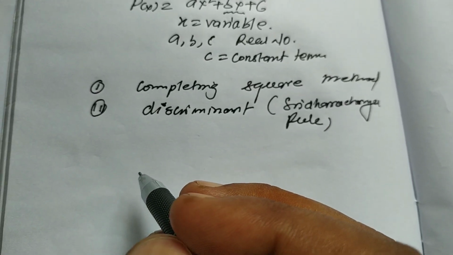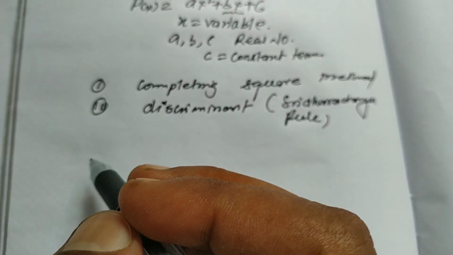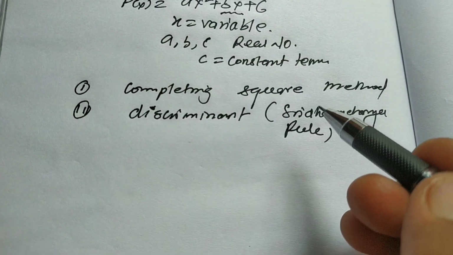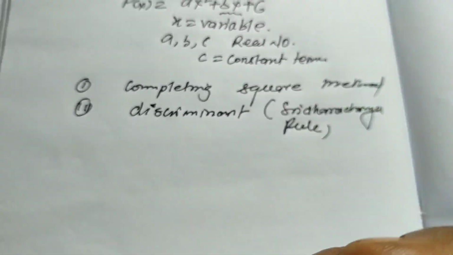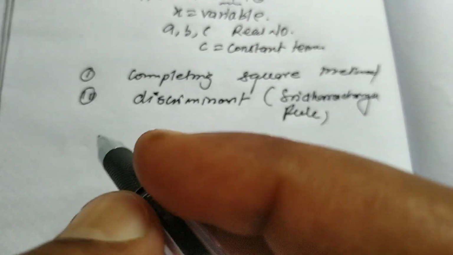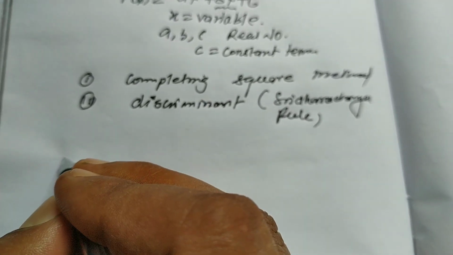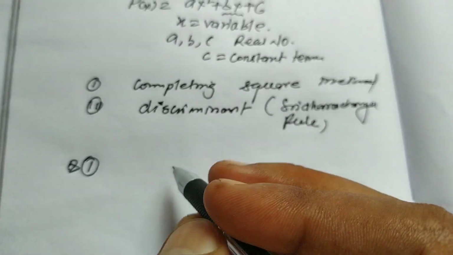And see, first let us understand whether the given polynomials are quadratic equations or not. Let's take this example.